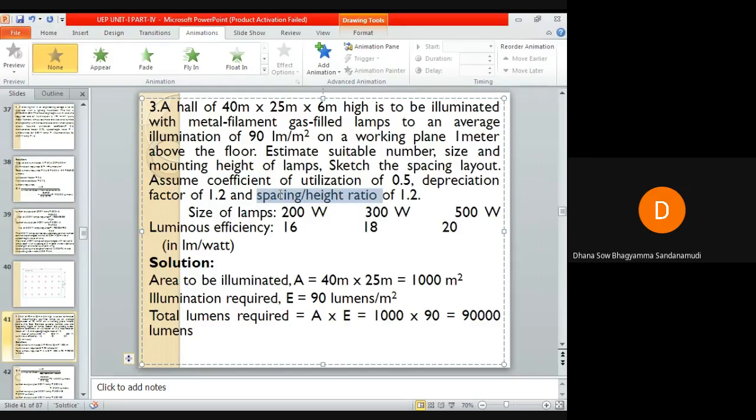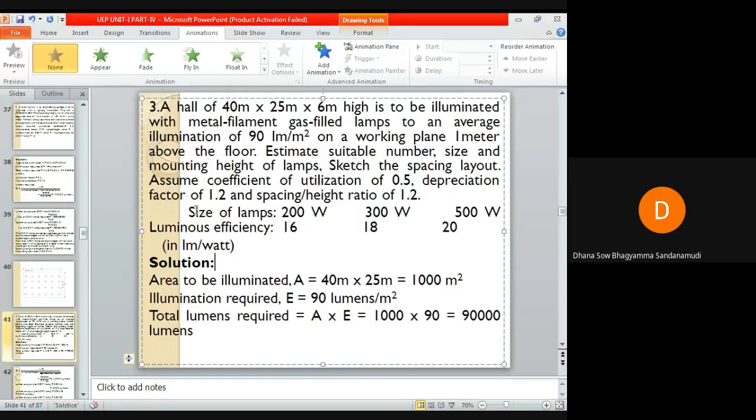Three sizes of lamps are given: 200 watts, 300 watts and 500 watts, and lumens per watt is also given: 16 for 200, 18 for 300 and 20 for 500 watts.